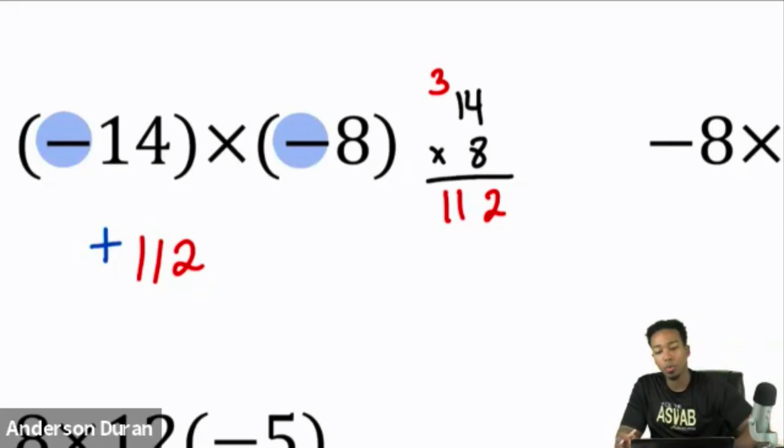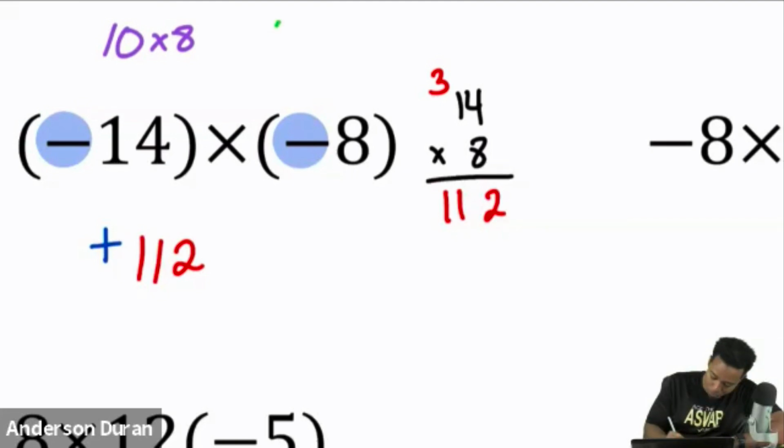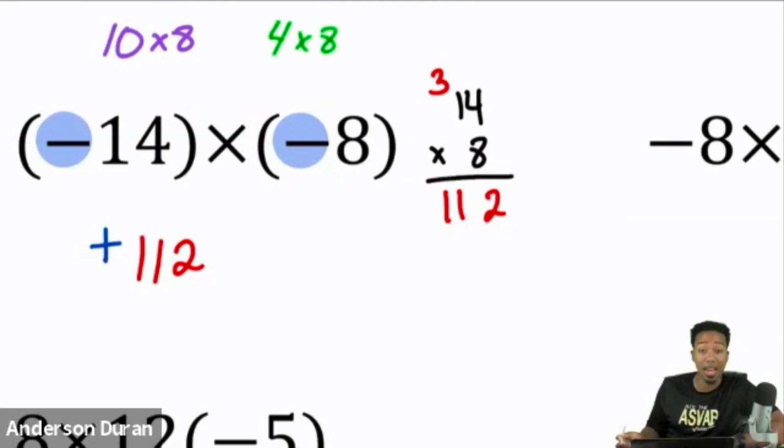So if you were trying to use mental math for that, let me just make sure that you're being careful here. If you're doing 14 times 8 with mental math, remember, split it up into the digits. You have 14. The 1 represents 10, and that's 4. 10 and 4 makes 14. What's happening in your head is 10 times 8, 4 times 8, and you bring it back together.